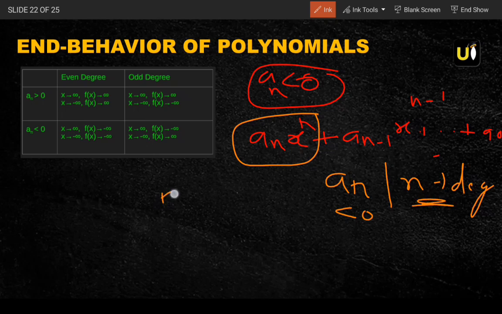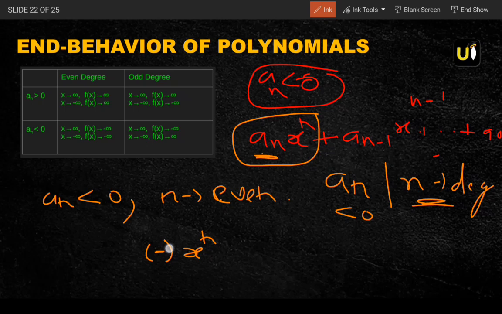Same here, x is tending to minus infinity and f of x also will tend to minus infinity. No matter whether x tends to infinity or minus infinity, when the degree is even and the coefficient is less than 0, f of x will always tend to minus infinity. So now coming to the odd degree. Here, this negative sign is already present, and coming to this x^n, we have discussed before, right?